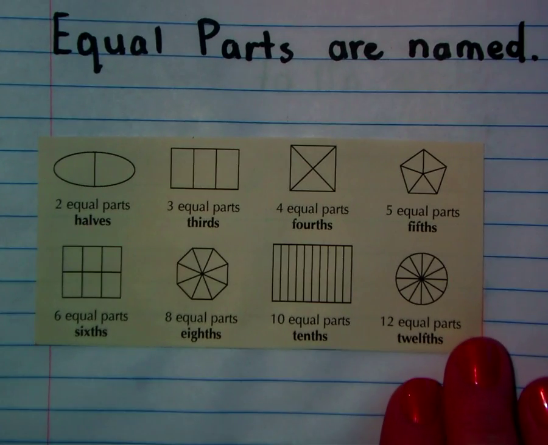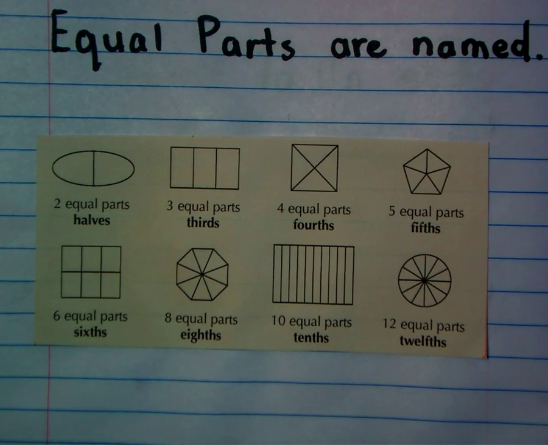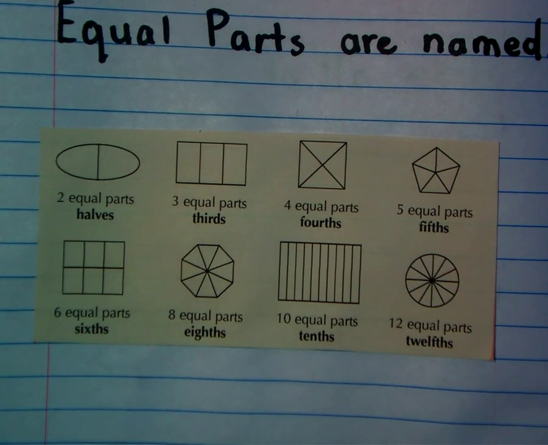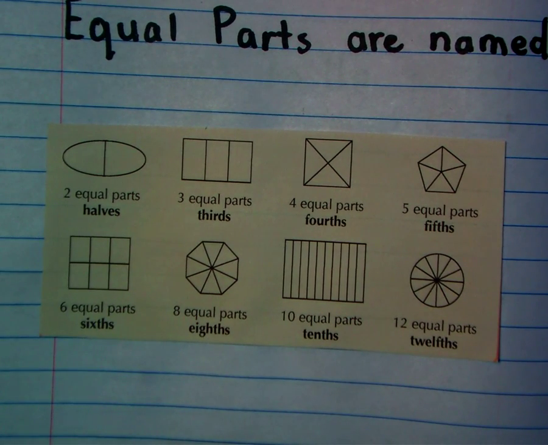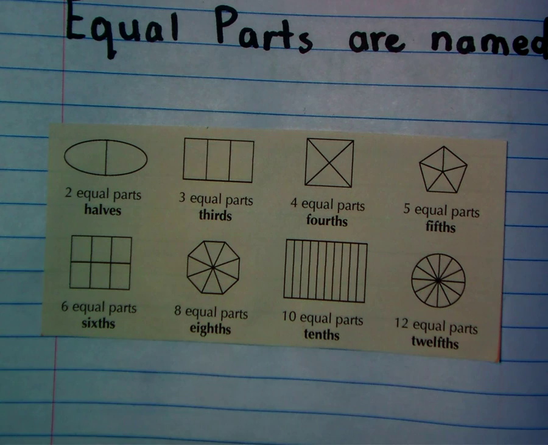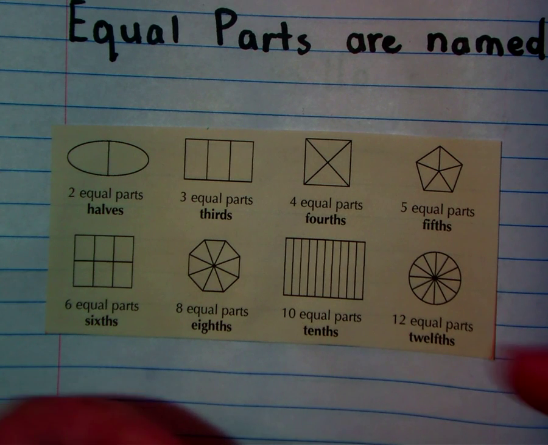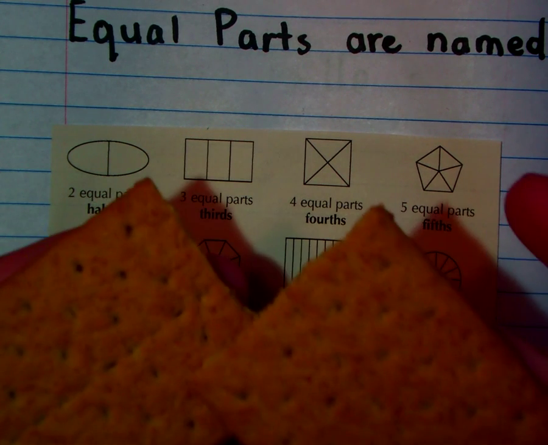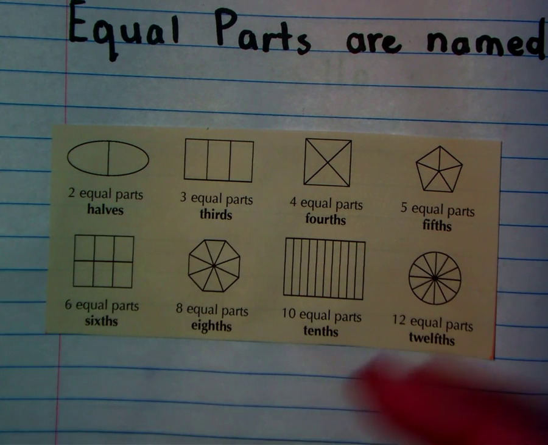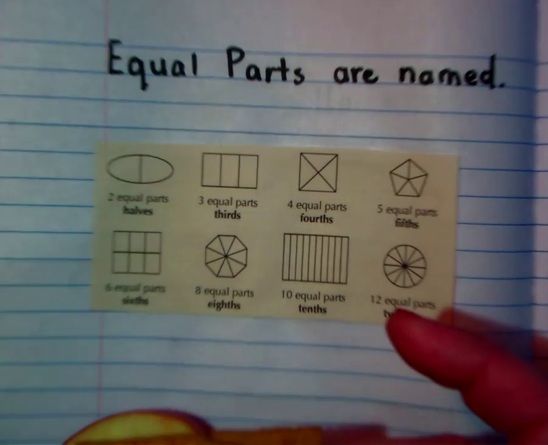You've named equal parts. And that'll bring us to the next lesson about fractions. And remember to think about the apple and the graham cracker and how one whole can be broken into 2 equal parts.